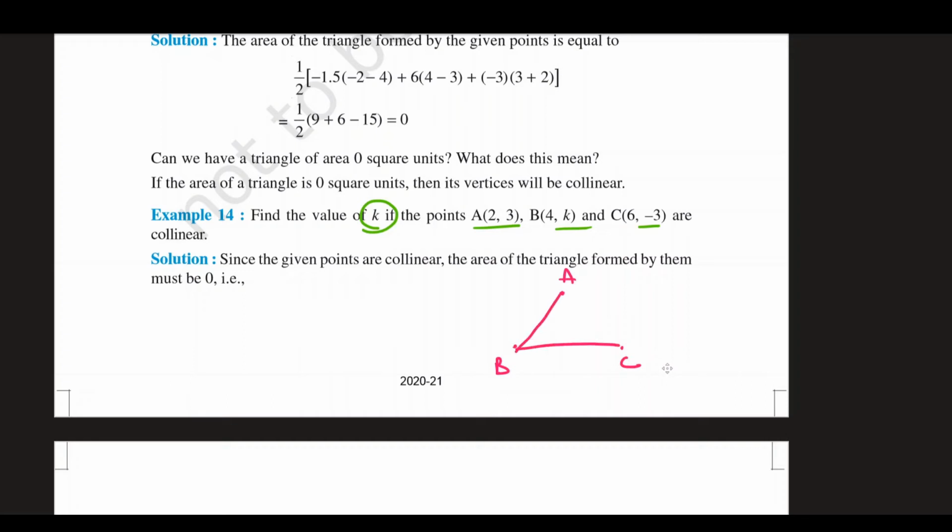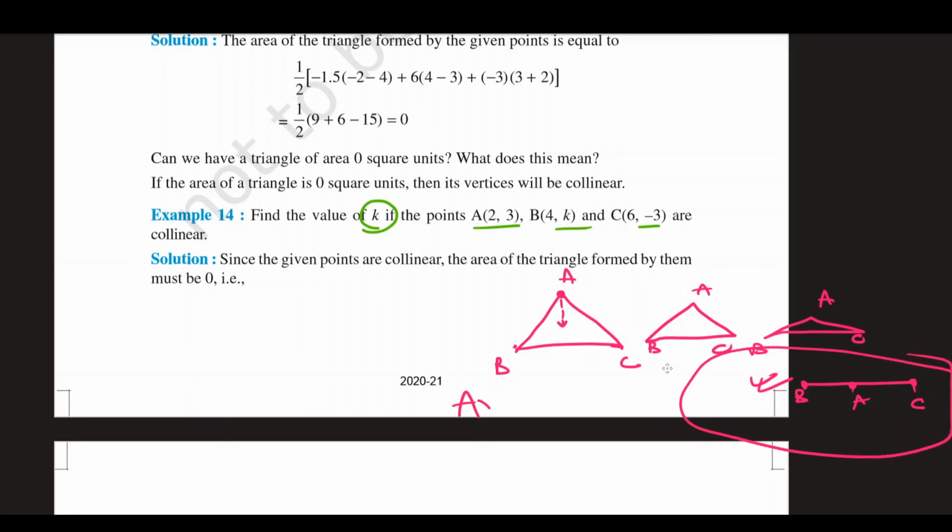Suppose it is not the actual condition, but we are supposing it, and if we take A and move it down, first it is here, then here, then here. At one time, A will lie on the line joining B and C. In this condition, the area will be 0.